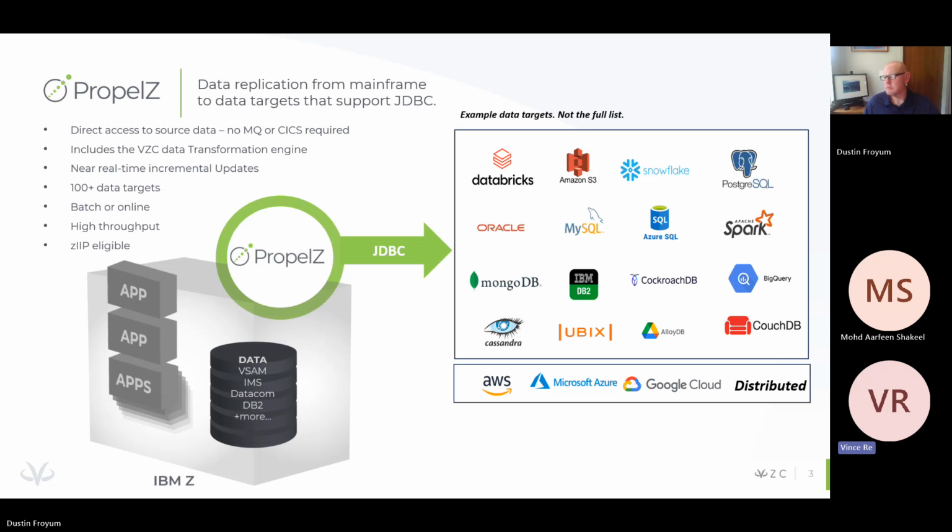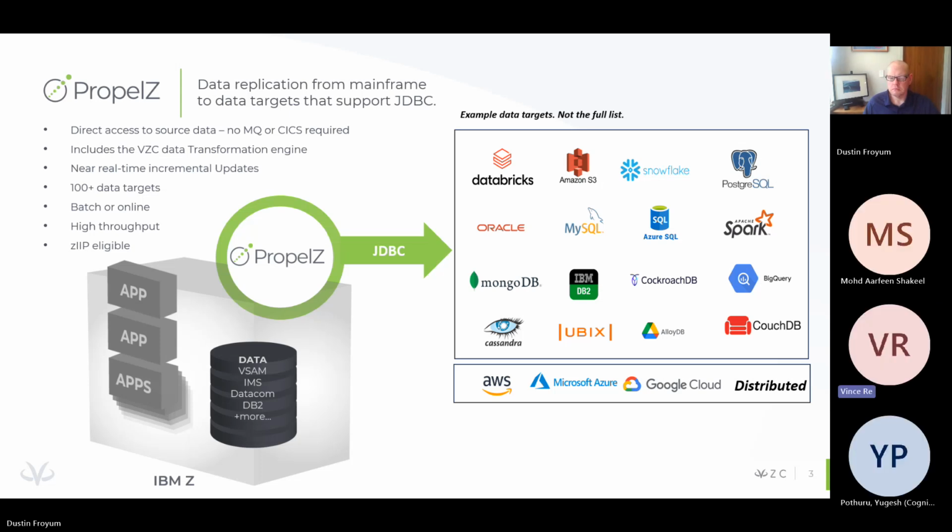So, understanding the data and its formats and all the data types that might be in it, and then transforming that data into a structure that can be useful in other platforms is really the core, central part of PropelZ.